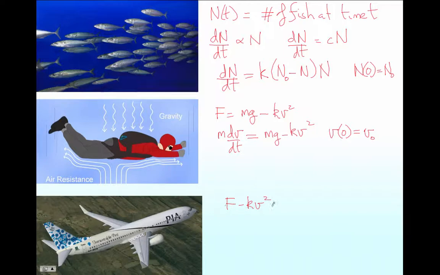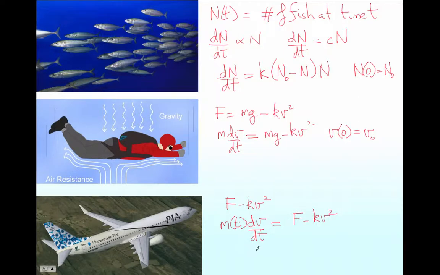So this is the net force that is acting upon the plane as it flies horizontally. But now it's also burning up fuel. And so when we write Newton's law, it will be mass as a function of time, and this mass is decreasing with time, times the acceleration. So mass into acceleration is equal to the force, F minus kv squared.